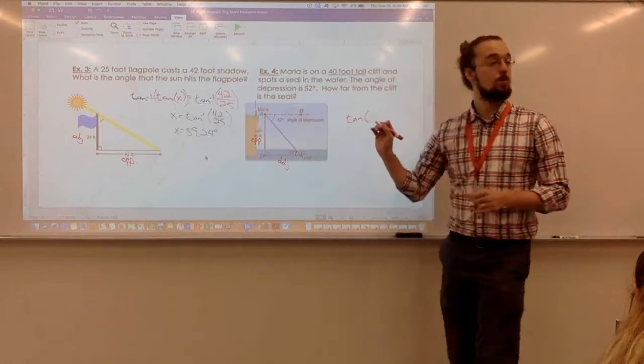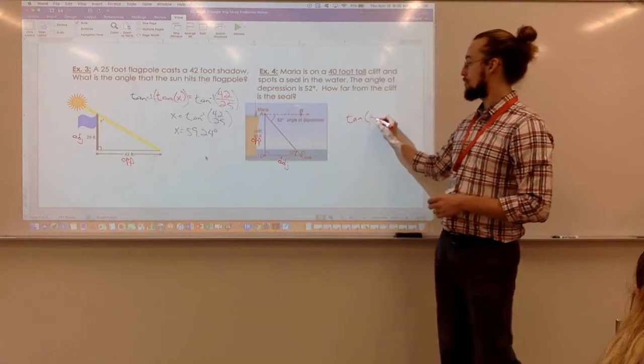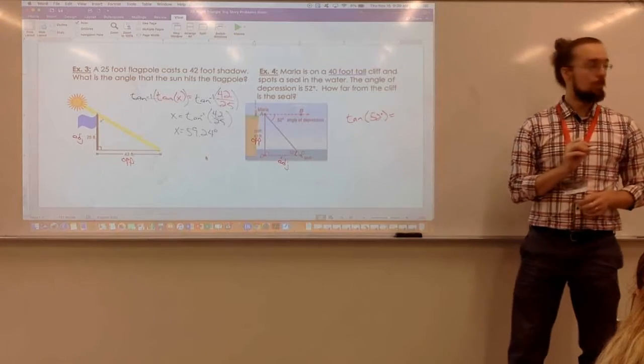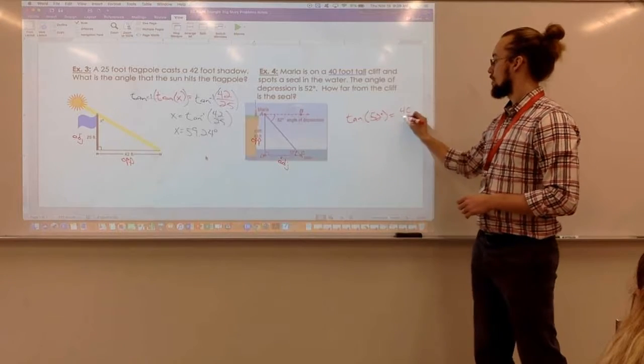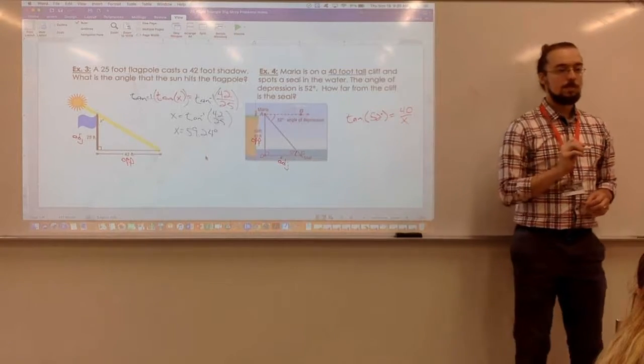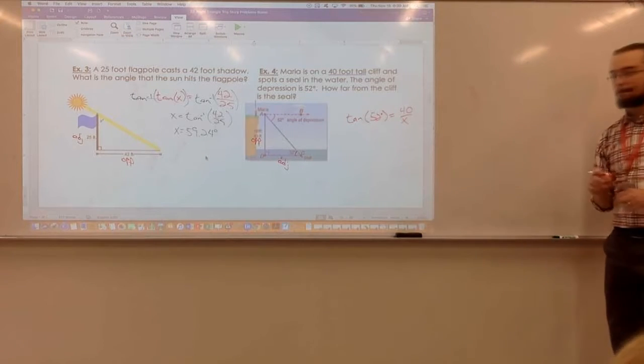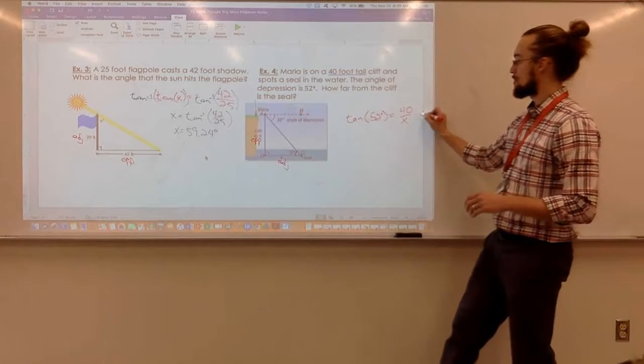So the tangent of 52 equals 40 over x. Now what? Multiply by x.